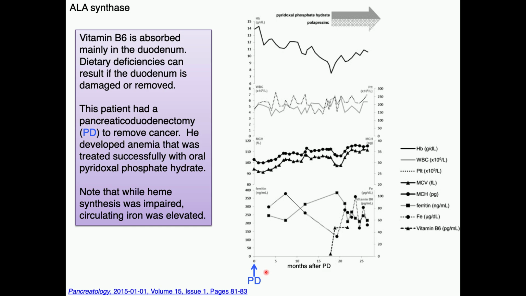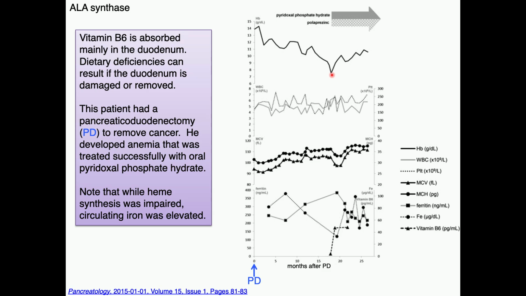So pancreas and part of the small intestine was removed, and that duodenum is the site where vitamin B6 is absorbed principally in the diet. So we had the pancreatoduodenectomy, am I saying that right? Close there, right here. And the patient's hemoglobin had a steady decline until it crashed at this point, so the patient became pretty severely anemic.